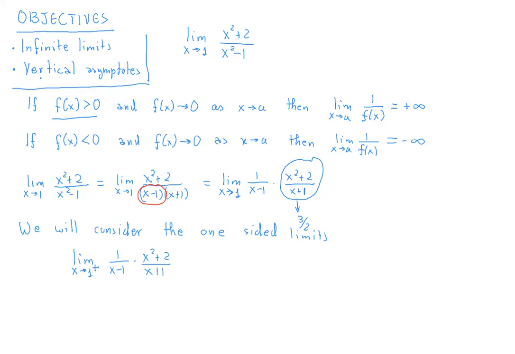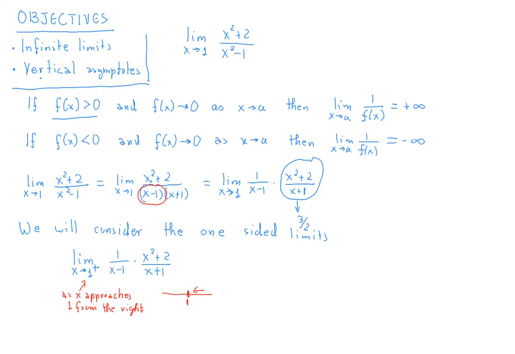So we're going to call this the limit as x approaches 1 from the right. Okay, and if we want to draw a little picture, here's the number 1. Here's how we're approaching 1 along x's that are larger than 1.